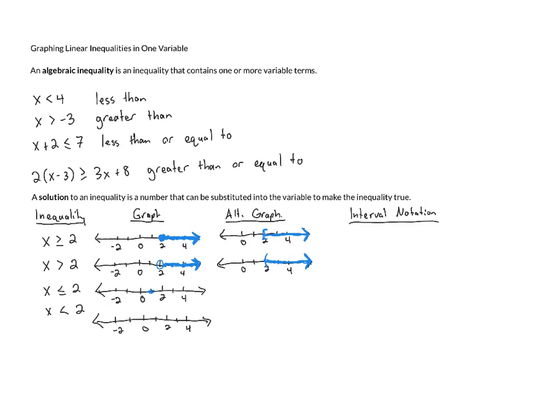Those are 1, 0, -1, etc. So we shade to the left of 2. Now here, 2 is a solution, so we're going to use a closed circle. In the other one, though, x is less than 2, 2 is not a solution, so we're going to use an open circle.